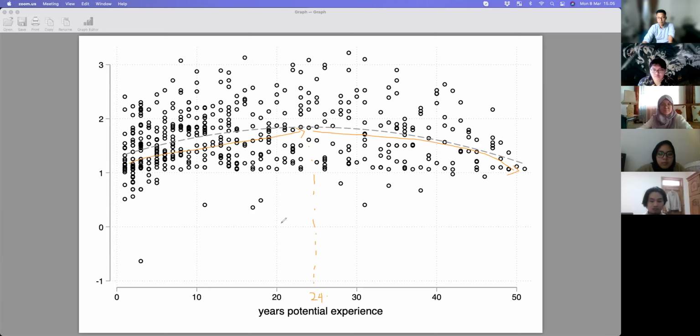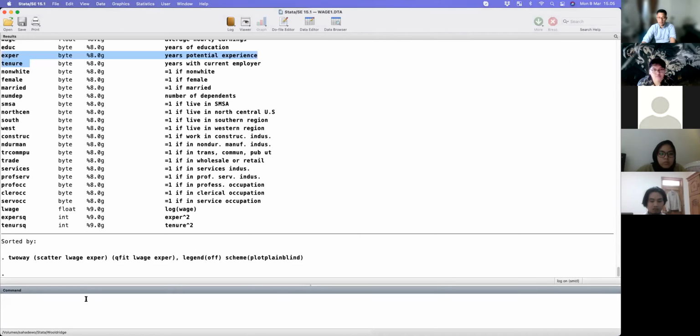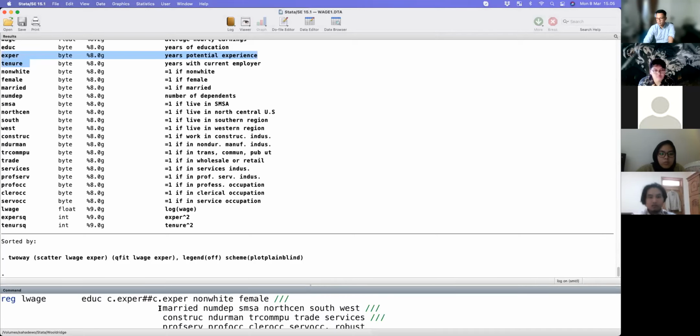Now, let's put this into regression so that we can better understand the effect. There are a lot of variables involved here, so it's going to take some time to write, and I'm just going to copy what I've written so far.